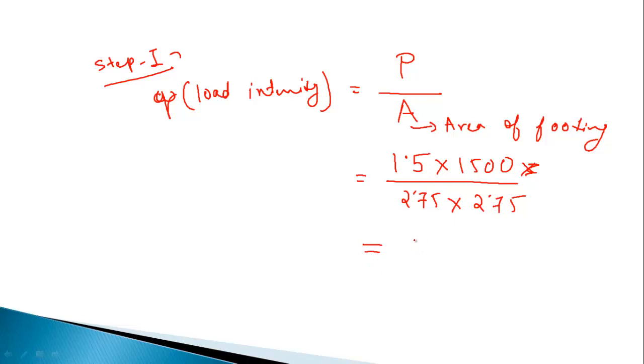If you do this, you will get around 297.52 kilonewton per meter square. Please be very careful with the units. This is the load intensity.